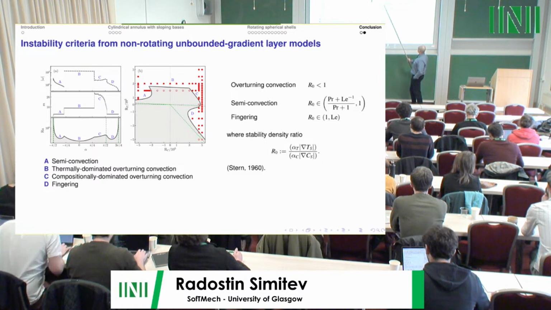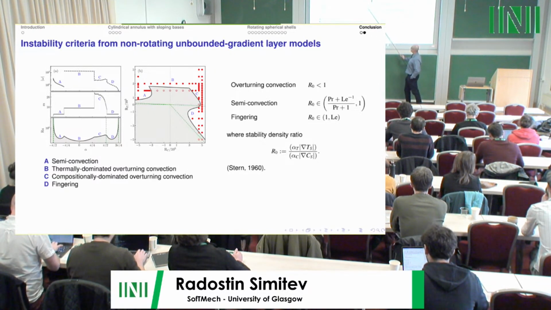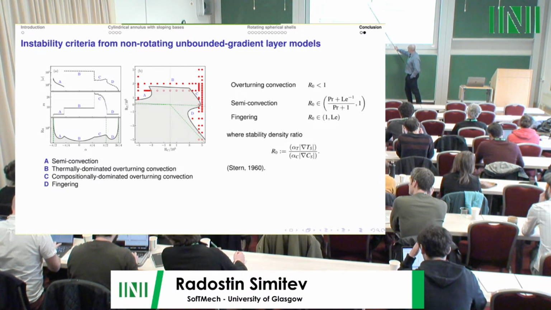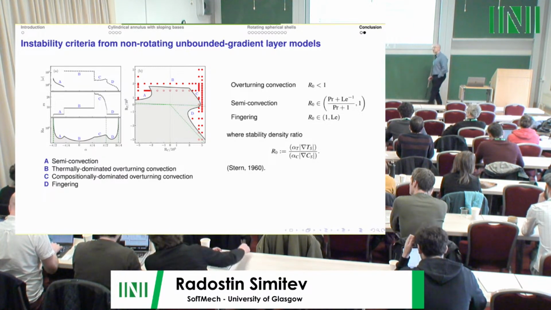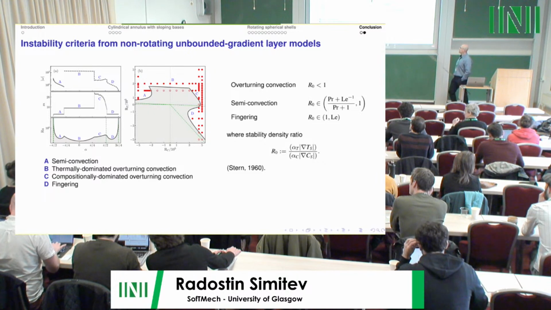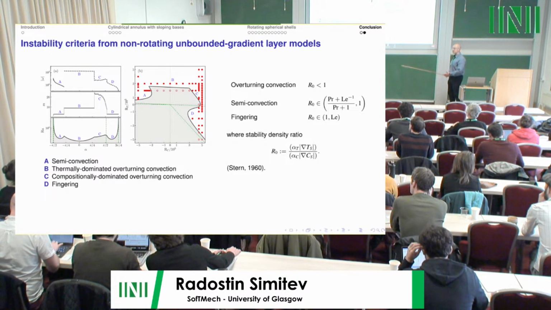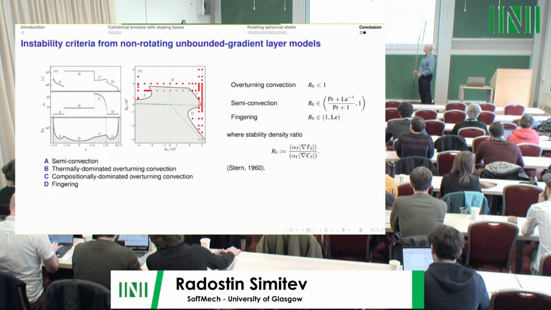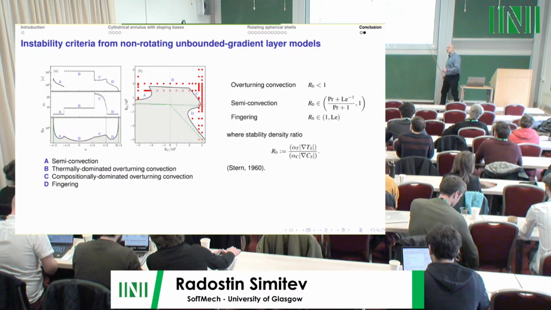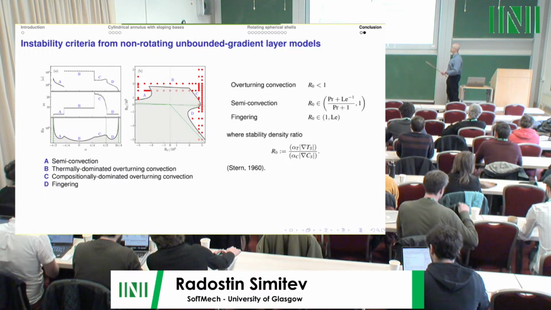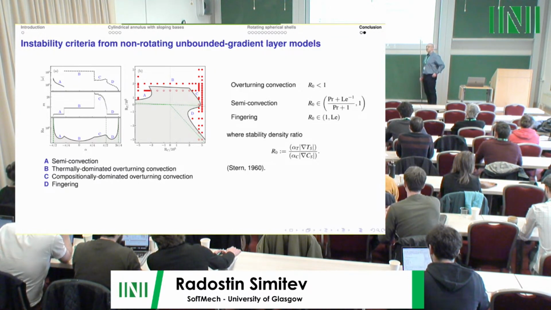The fingering regime is between these two green lines. That is why we've identified that as the fingering regime. But in our situation, it is affected by the boundary condition. For instance, in the unbounded models, there are no boundary conditions; you assume that you're far away from that. There is an effective rotation as well, so that's how it appears.